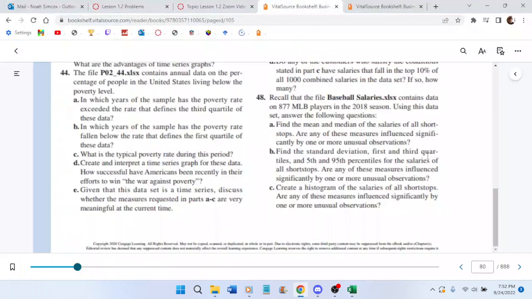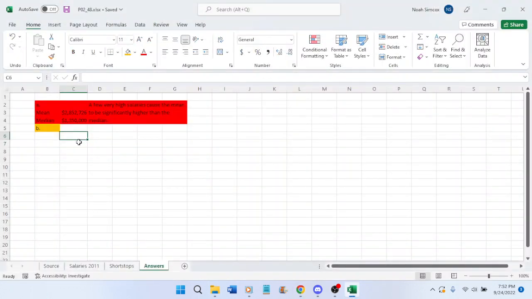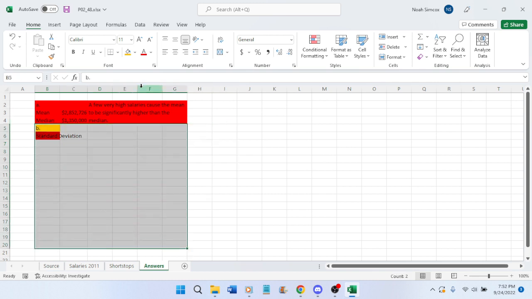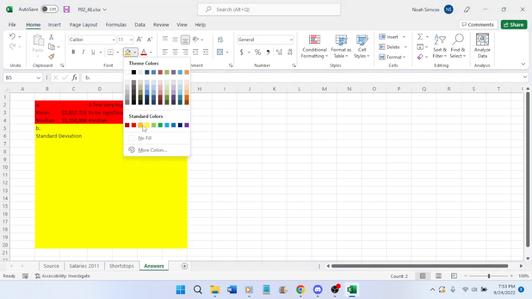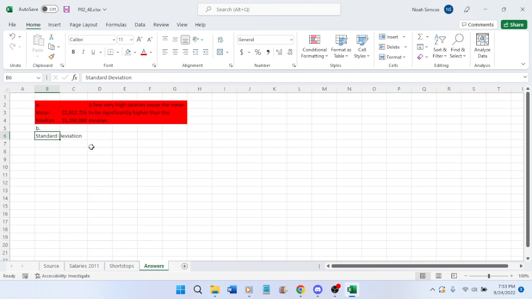What is B? Find the standard deviation for all these salaries. Standard deviation. Oh, come on. Just don't automatically format the cell. Standard deviation.